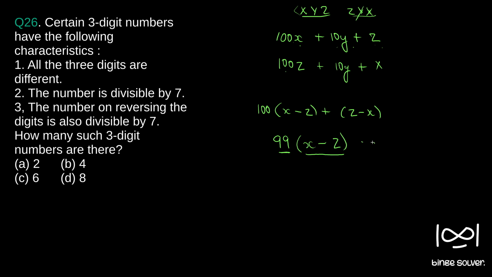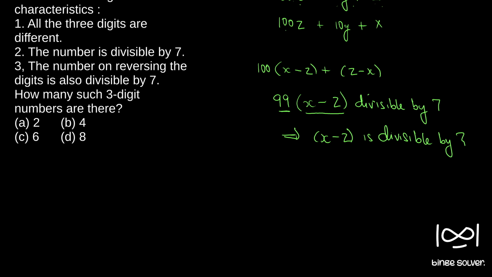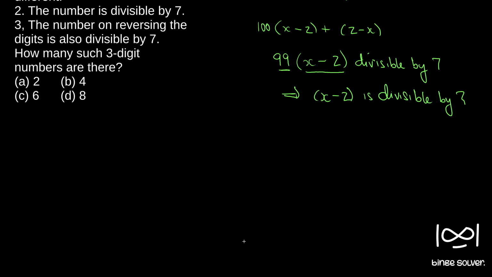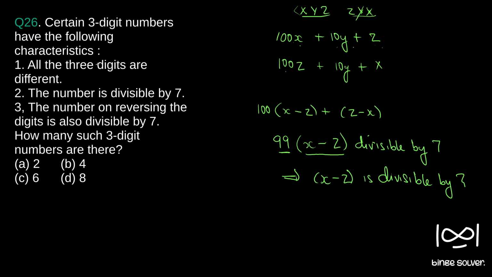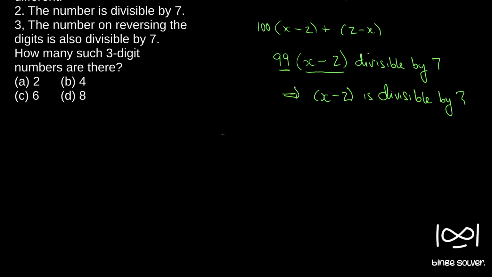That implies x minus z is divisible by 7. Since x minus z is divisible by 7, let's see how many combinations we have.